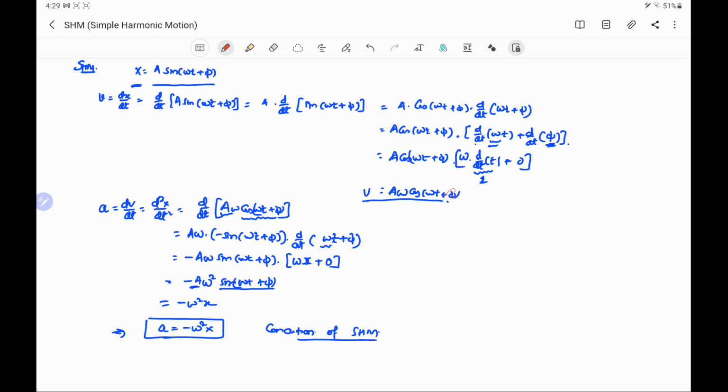Here the velocity can be written in terms of the displacement, because if we take omega outside, the remaining is a cos omega t plus phi, or we can write it as omega into square root of a square minus a square sine square omega t plus phi using trigonometry, and substituting the value of a sine omega t plus phi, which is x, the velocity will be omega square root of a square minus x square. This is the velocity in terms of the displacement. Similarly, acceleration in terms of the displacement is a equal to minus omega square x.